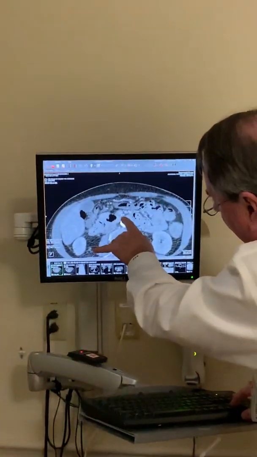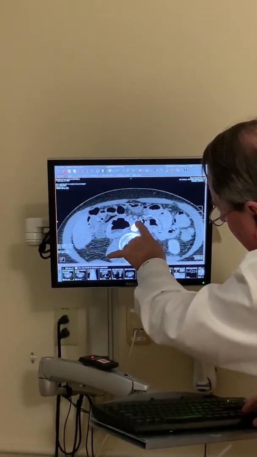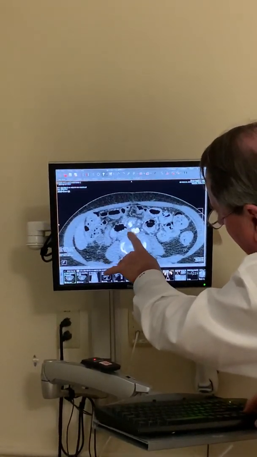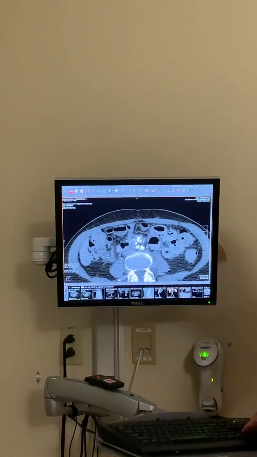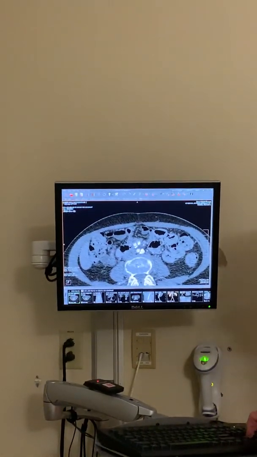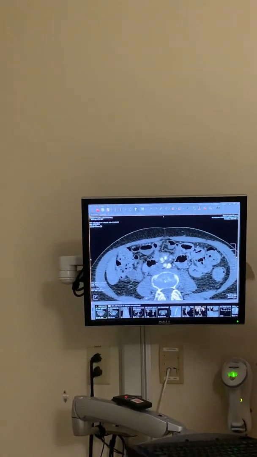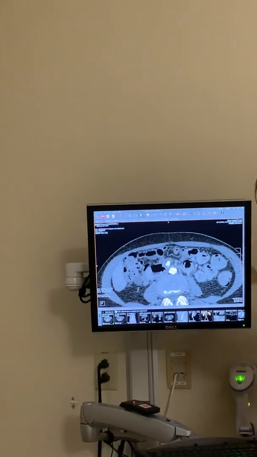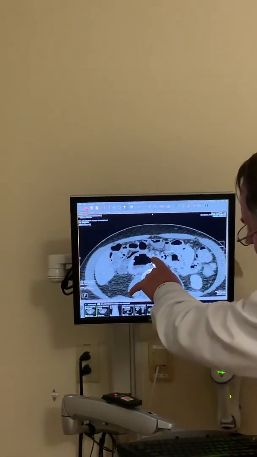Here's the main artery. Oh, here it is right here. You can see how much bigger it is than your native arteries. And then it continues on as this artery right here.